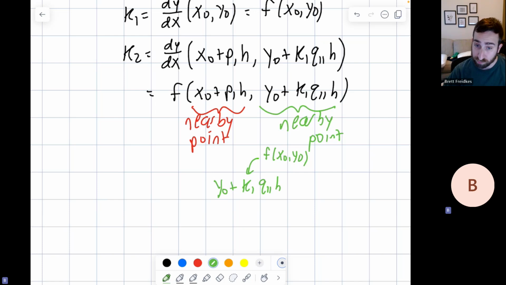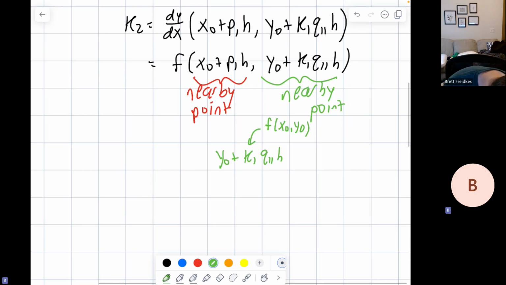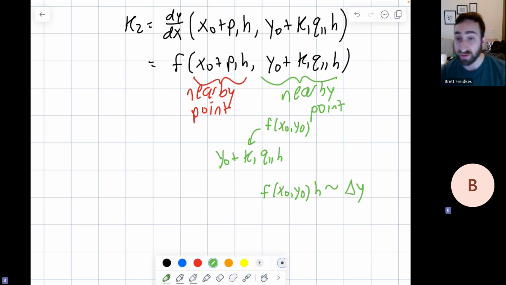That's what we would compute beforehand. If you multiply a slope by h, you're basically looking for a delta y. So f of x naught, y naught times h is like some delta y. Just like how p1 h is some delta x, we'll see that K1 times h is some delta y, where this q11, again, is just some multiple of this delta y.